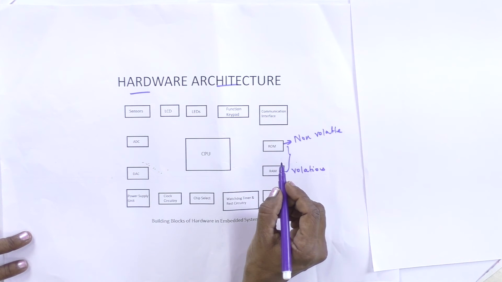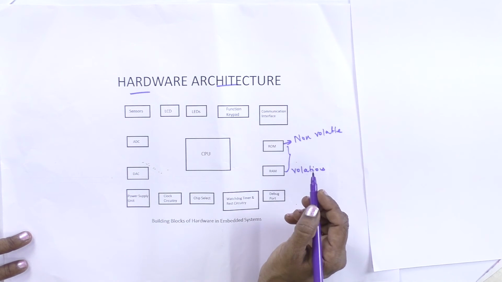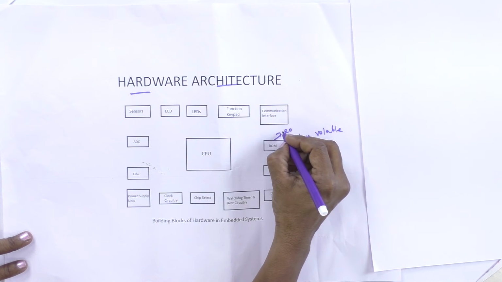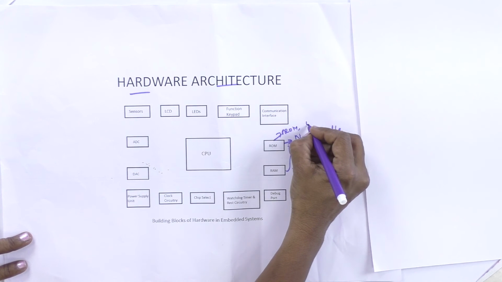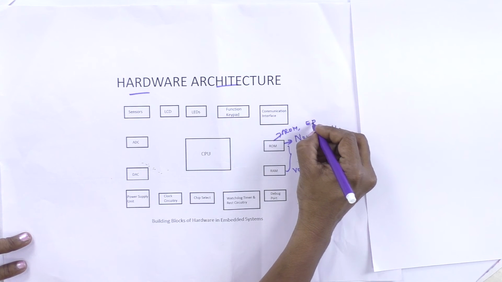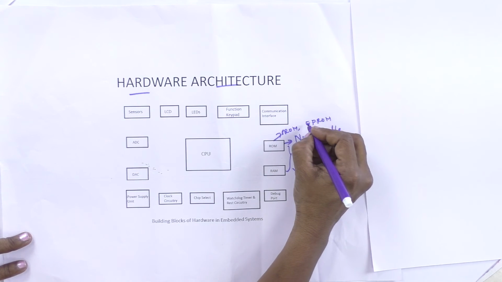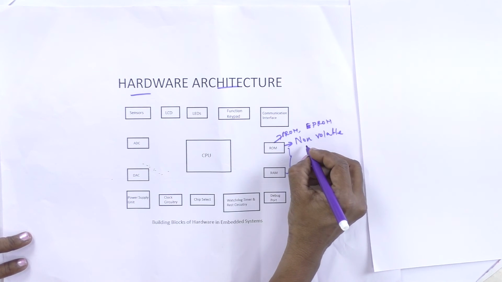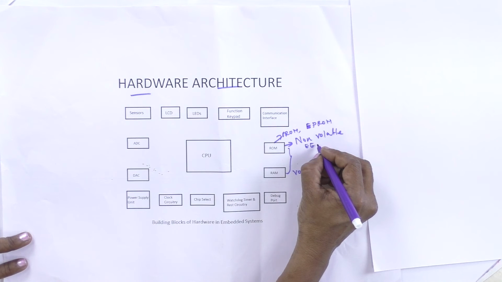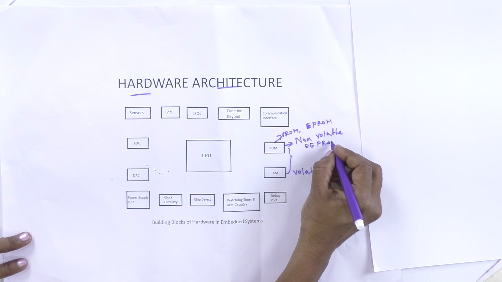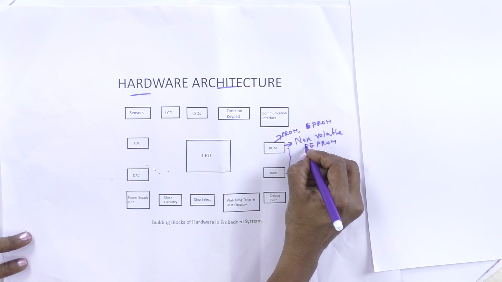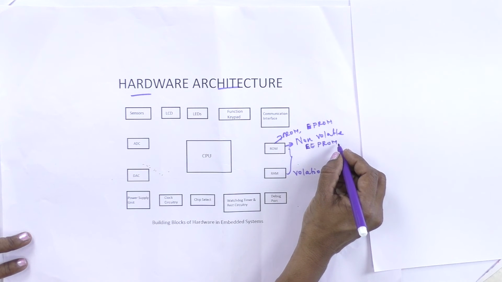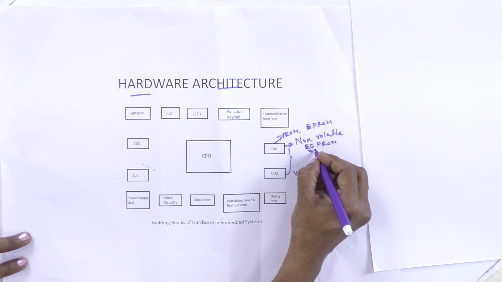There are several types of ROM, called PROM, EPROM, which is erasable programmable read-only memory, and EEPROM, electrically erasable programmable read-only memory, and then flash memory.